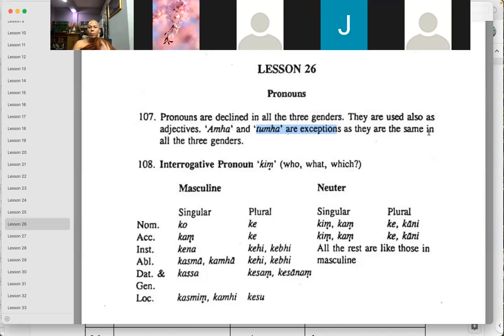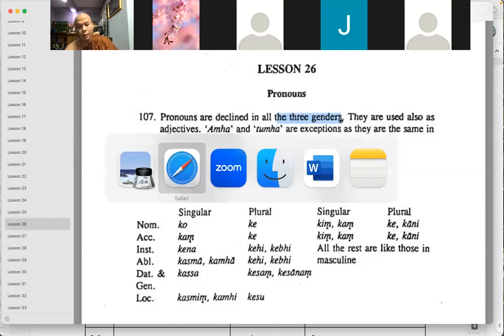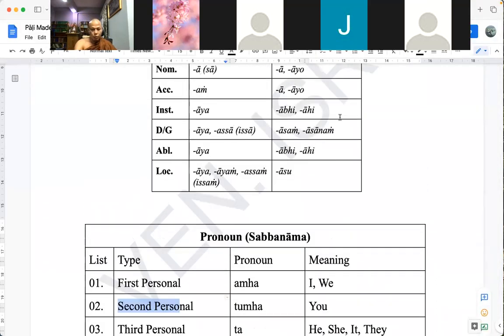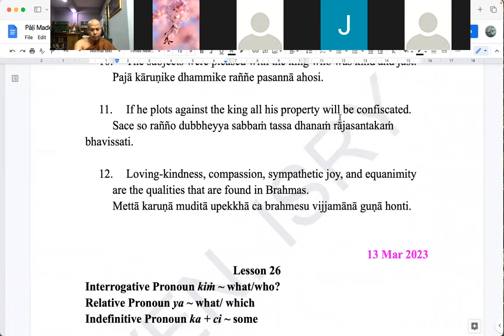Now in previous lessons, in lesson 24, we already learned the personal pronoun or demonstrative pronoun ta and etta. Now in this lesson, the interrogative pronoun. The interrogative pronoun is ka, for who, what or which. That one can also be like an adjective, in three genders, mostly declined the same as that declension.